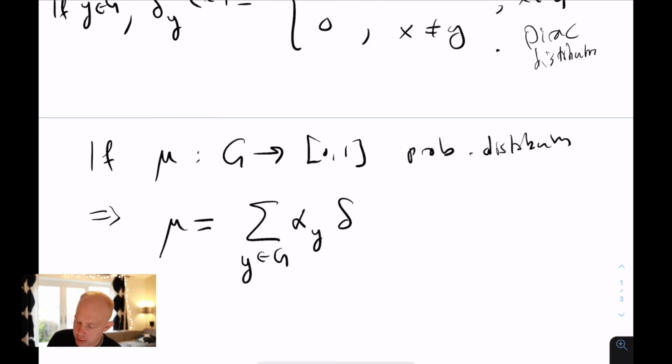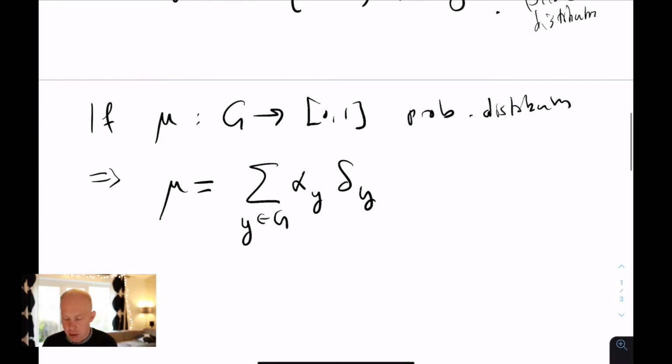So you can write everything as a Dirac mass because it's a finite group. You can write them as a convex combination of these probability distributions.